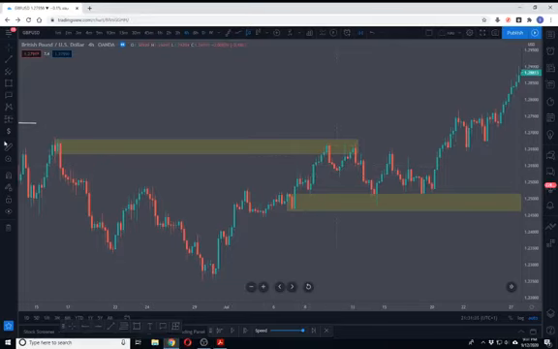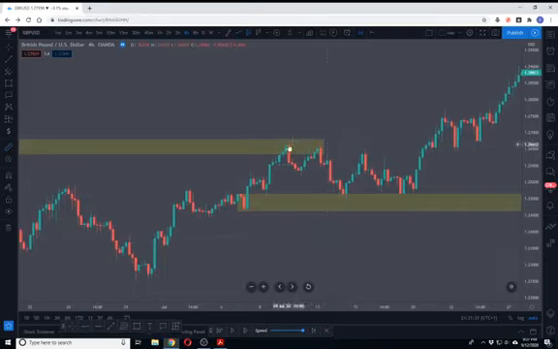It still gives you 180-ish pips, and you could probably go down to the lower time frame here, look for a break of structure, and take a decent amount of money off of that trade.